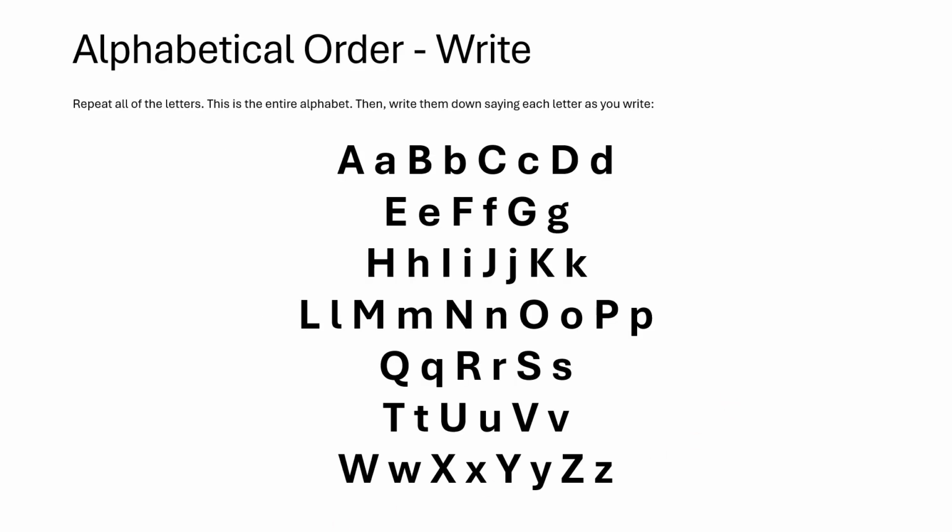Repeat all of the letters. This is the entire alphabet. Then write them down, saying each letter as you write. When I pause at the end, you repeat the letters.